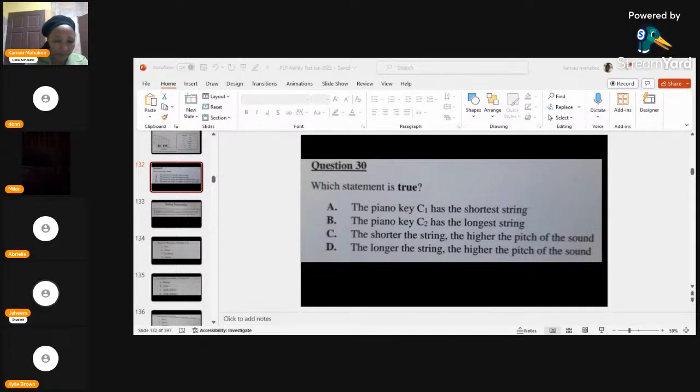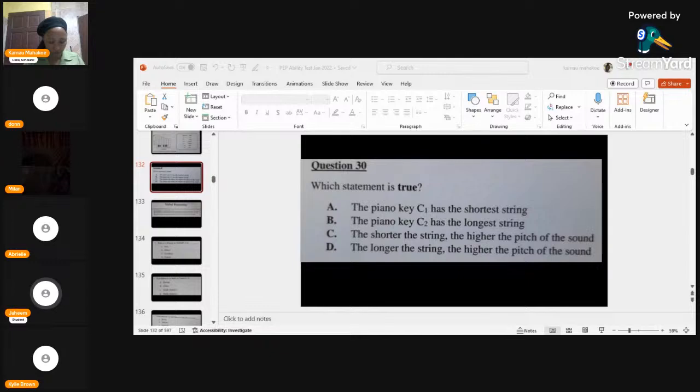A. The piano key C1 has the shortest string.